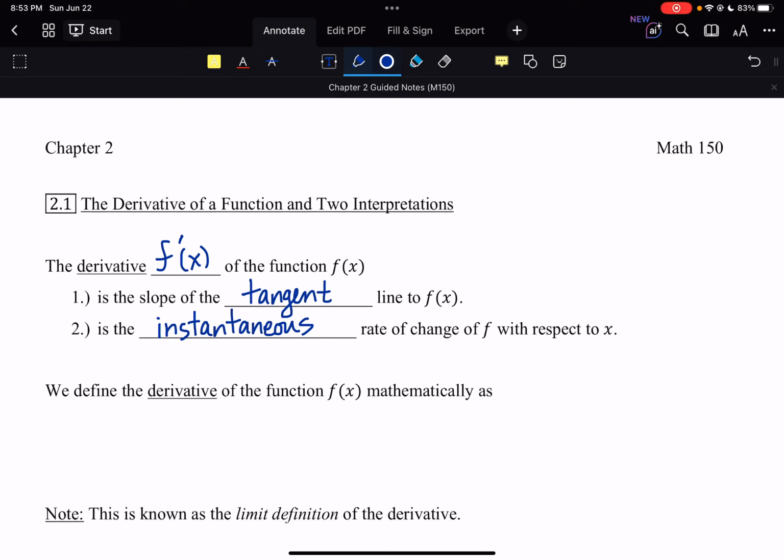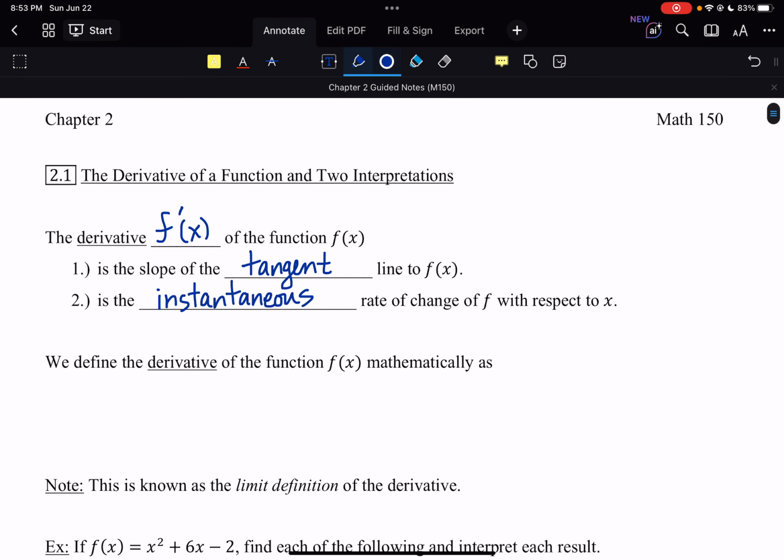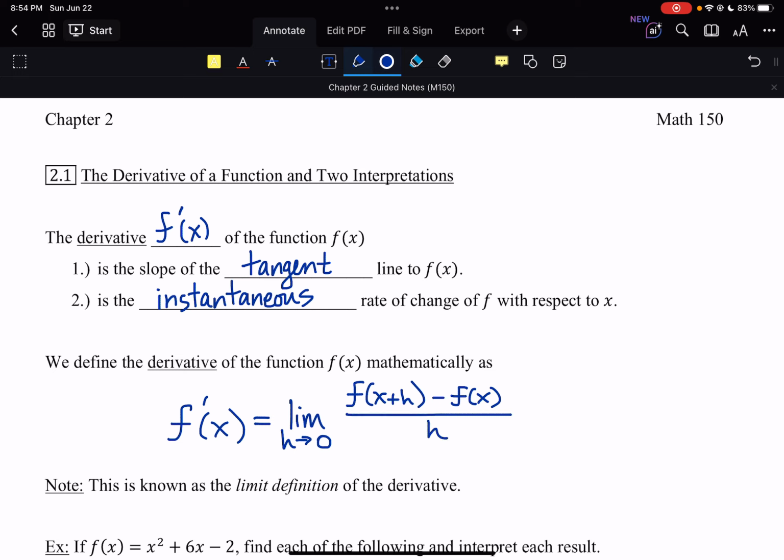So when we look at how to define the derivative, we use the same definition that we had for the instantaneous rate of change in the previous section, and that is by taking the limit of the difference quotient. So we take the limit as h approaches 0 of f of x plus h minus f of x all over h. Okay, and this is known as the limit definition of the derivative.